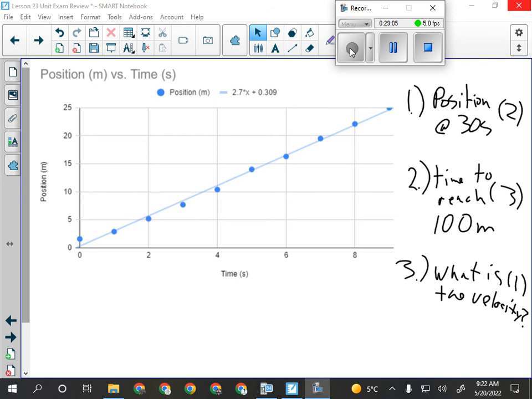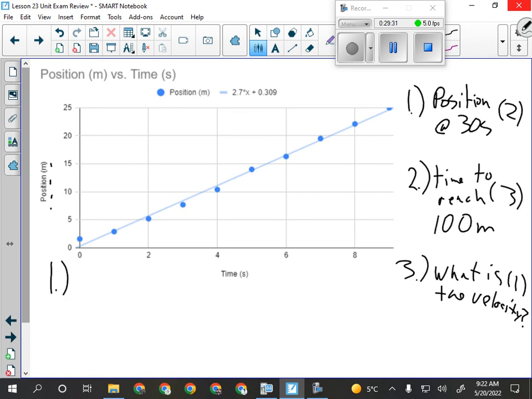How do I go about solving all three of these? What do I use? The equation for the line. This is what I was talking about before. If I give you a graph and the equation for the graph's line, use the graphing equation for it. If I'm looking for the position at 30 seconds, I'm solving for a y value because position is on the y-axis. That's why that one's only out of 2 marks. It doesn't require you to manipulate the equation, just to plug the numbers in.